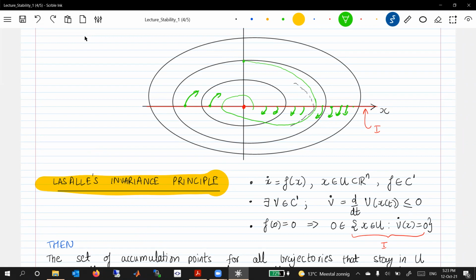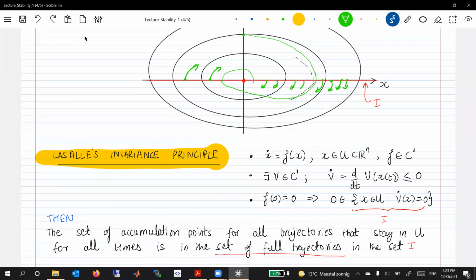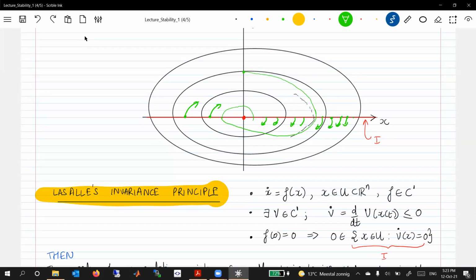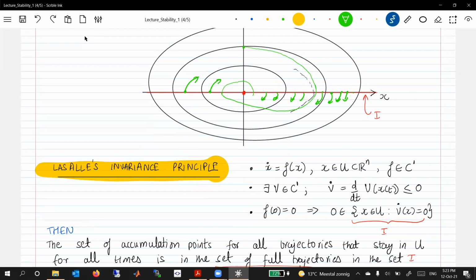If we start an initial condition on the origin, we stay on it forever. So basically, this tells us that in this case, we have a dynamical system where energy is the candidate function, which is non-positive. The origin is the only full trajectory in this case.